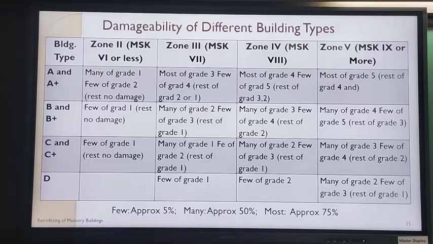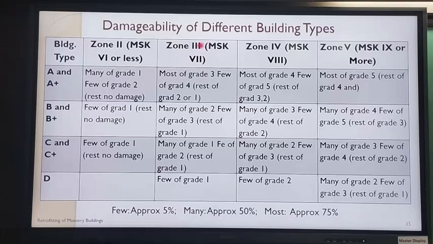Now you have this table where the columns, starting from the left, are seismic zone 2, seismic zone 3, and seismic zones 4 and 5. There is no seismic zone 1 now. In zone 2, we have MSK 6 or less, which is the amount of damage intensity.